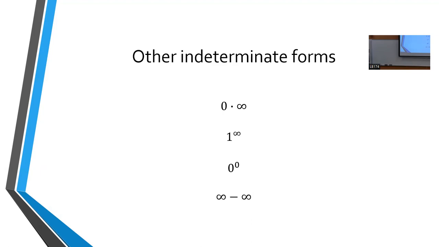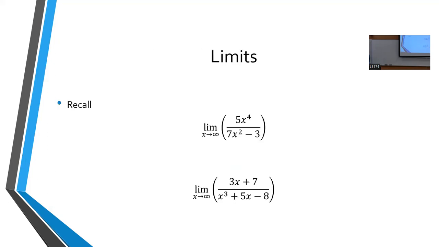Infinity minus infinity, also indeterminate. And when we run across these, we'll see a couple of techniques later where we can actually figure out what the limit's going to be. So these are indeterminate forms in the context of limits. You just plug in a number and you get 0 times infinity, you go, that's an indeterminate form. Let's see what it actually is.